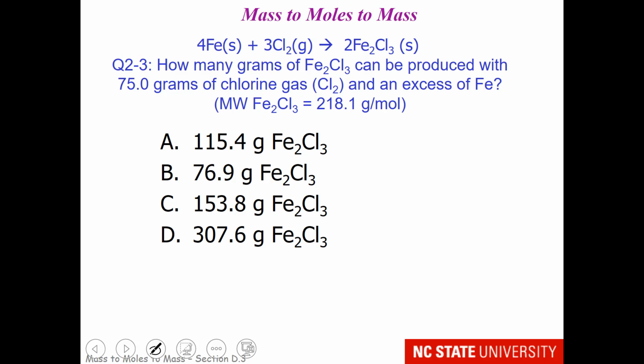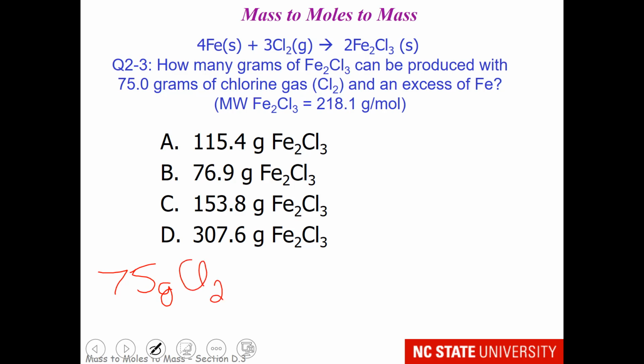So now, of course, we're to your question. We want to know how many grams of iron 3 chloride can be produced with 75 grams of chlorine and an excess of iron. All right, we are going to start as usual by taking our 75 grams of Cl2.